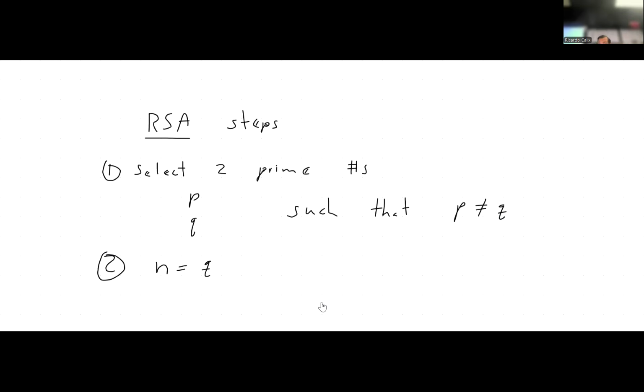This in fact is one of the items in the public and private keys, which are each made up of a tuple of 2 items. So this is going to be in both the public key and the private key. Let's create a new slide here.